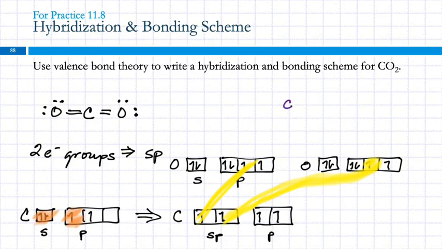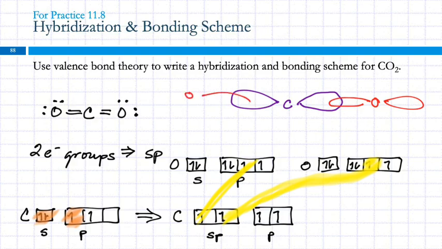So here I have carbon sp hybrids, right? And my oxygens, the half-filled orbitals, are p orbitals. So there's a sigma bond and a sigma bond.